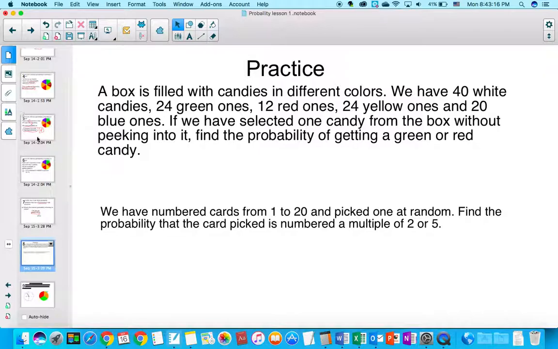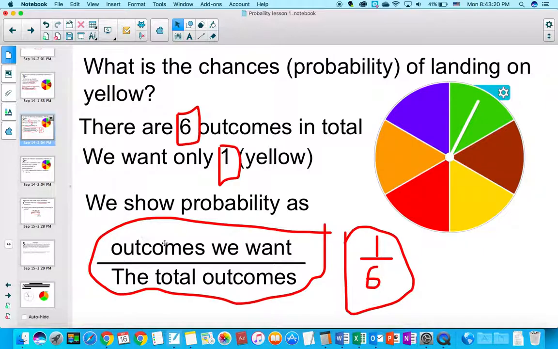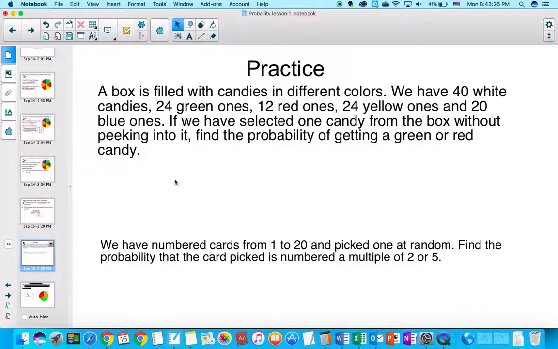Well, let's look back at our equation first. This is the equation we need to use. Outcomes we want over total number of outcomes. So if I move this question down, we'll do that later. We're looking for outcomes we want. Well, the question is asking for green or red. So these are the outcomes we want. So we're looking for the probability of getting a green or a red candy. Well, we have 24 green ones, right?